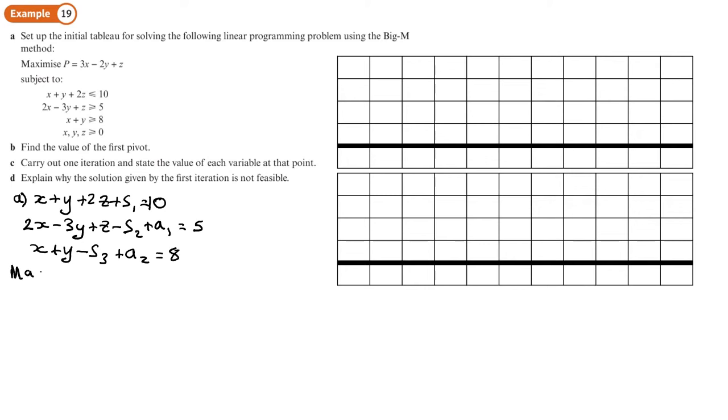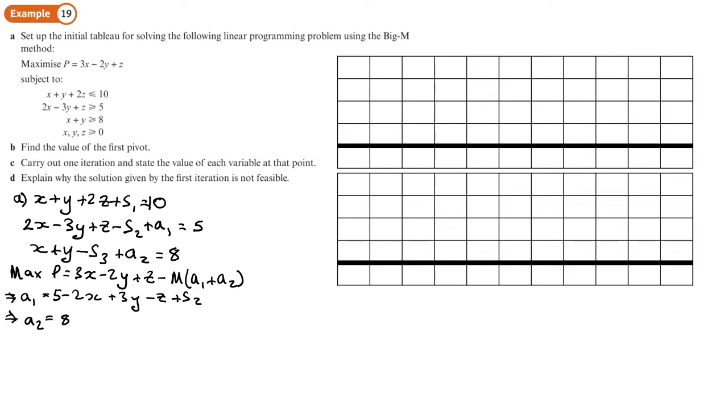Then we want to maximize P equal to 3x minus 2y plus z minus m times the sum of our artificial variables. That's a1 plus a2. So a bit of algebra to do here. So a1 from the second equation is 5 minus 2x plus 3y minus z plus s2, and a2 is equal to 8 minus x minus y plus s3.